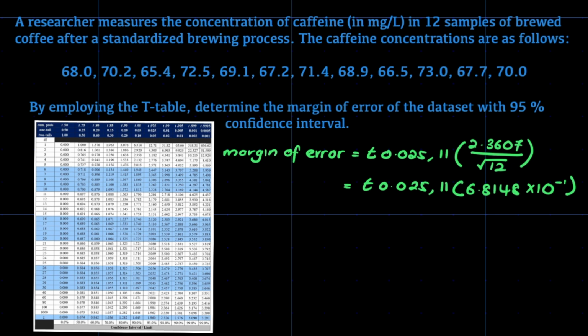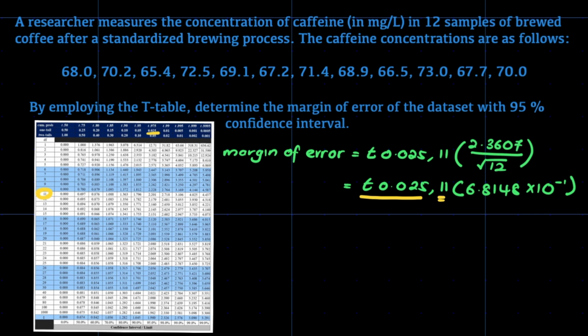Alright, so from this calculation we know that your t is 0.025 and your degree of freedom is 11. So degree of freedom 11 is around here, and 0.025 is here, so you need to go down and read.